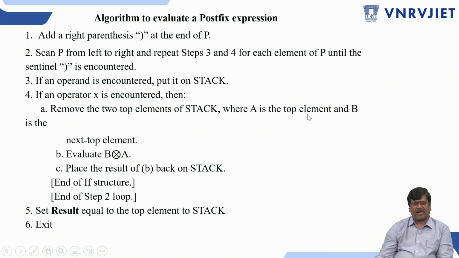A is the top element and B is the next element. A is the first popped element, then apply the operator, then the second popped element from the stack. Evaluate this and send that result back to the stack. These are the steps we need to follow for evaluation of a postfix expression by using a stack.